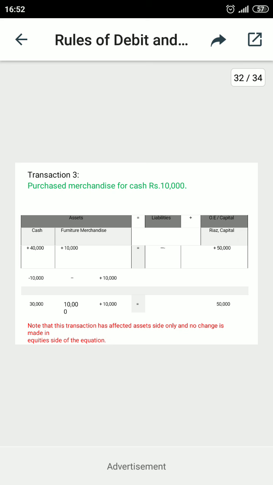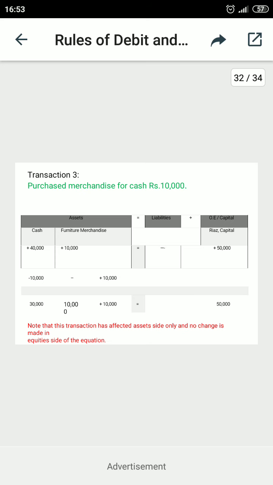The balance after 40 minus 10 is 30,000 cash in hand. Furniture in hand, 10,000, already exists with no change, and the stock is now increased by 10,000. Cash is down and stock is up. No change in the liabilities and capital because both items affected the asset side.